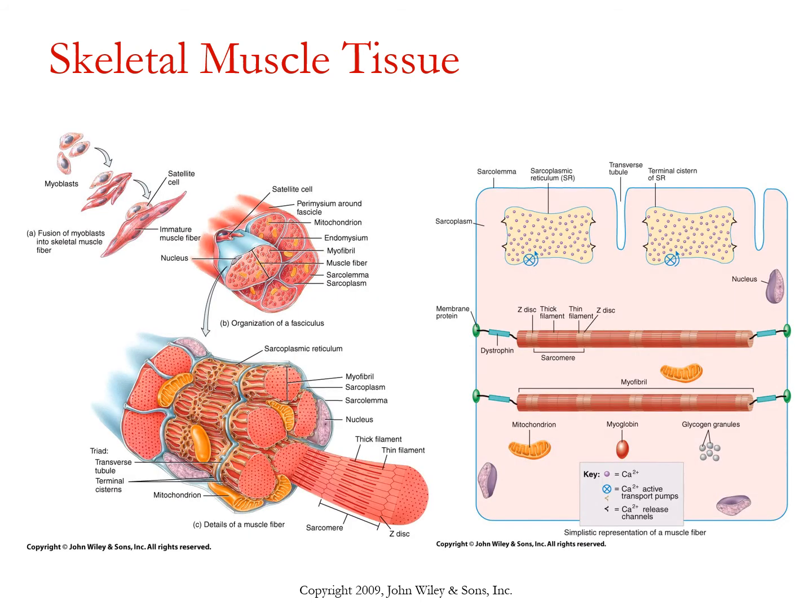All right, on this diagram, we have the microscopic anatomy of skeletal muscle tissue. Beginning at the top left, muscle fibers develop through the fusion of several immature muscle cells called myoblasts. And as these myoblasts fuse together, they form multinucleated, elongated muscle cells called the muscle fibers.